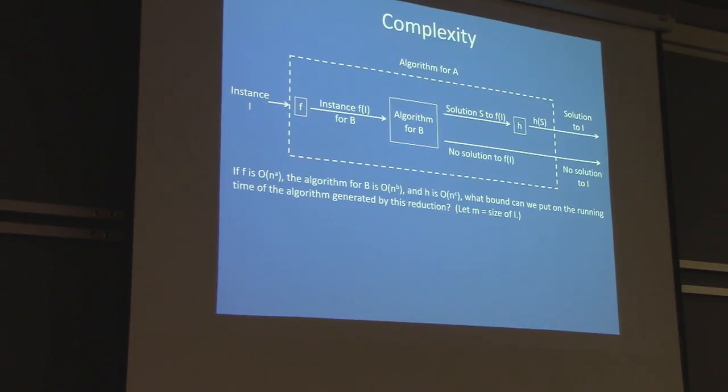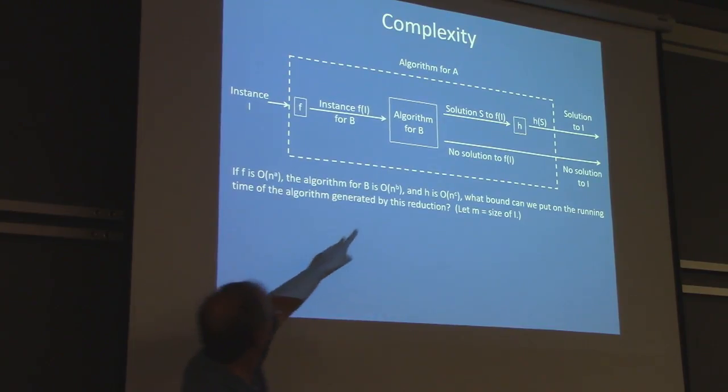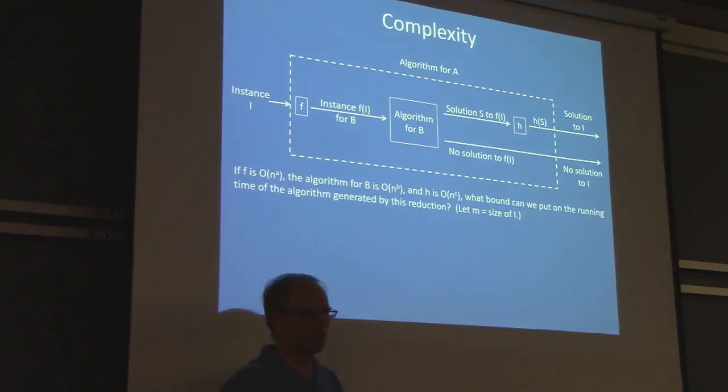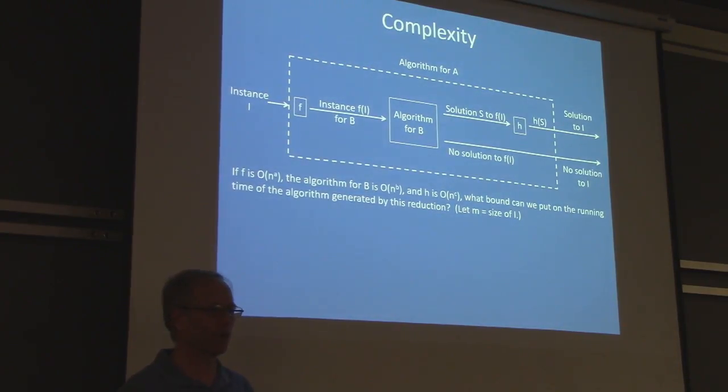I think Anthony was asking, what if algorithm B reads the output differently than algorithm f? I don't know what reading it differently has to do with it. All we know is its running time is O of n to the b, where n is the size of its input. That's all that matters.